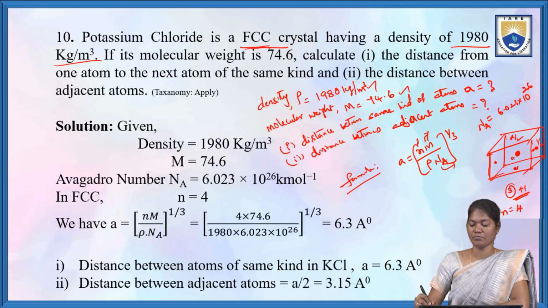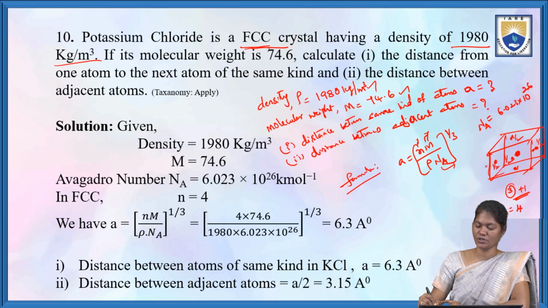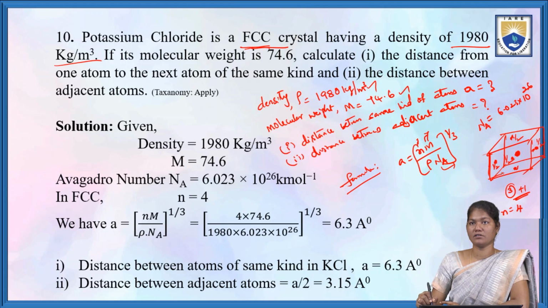The atom at the center of each face is shared with 2, so each face has half of an atom. Half atom is in this unit cell and half atom is in the adjacent unit cell. Likewise, in all the faces, each atom is shared with 2 unit cells.